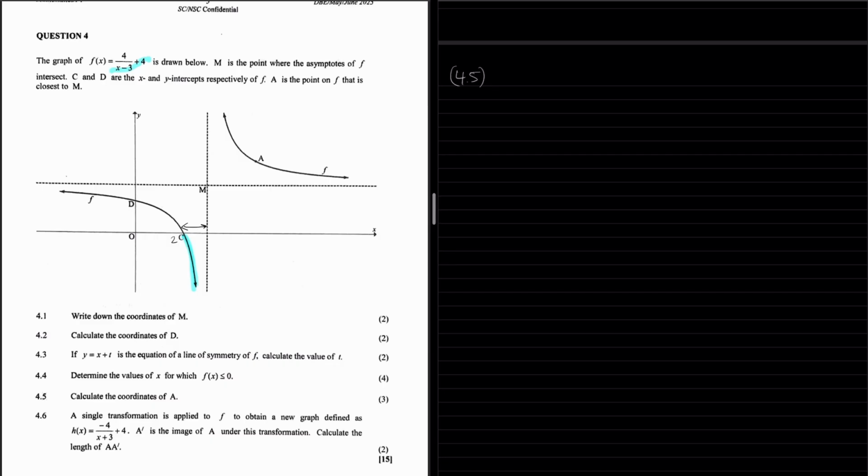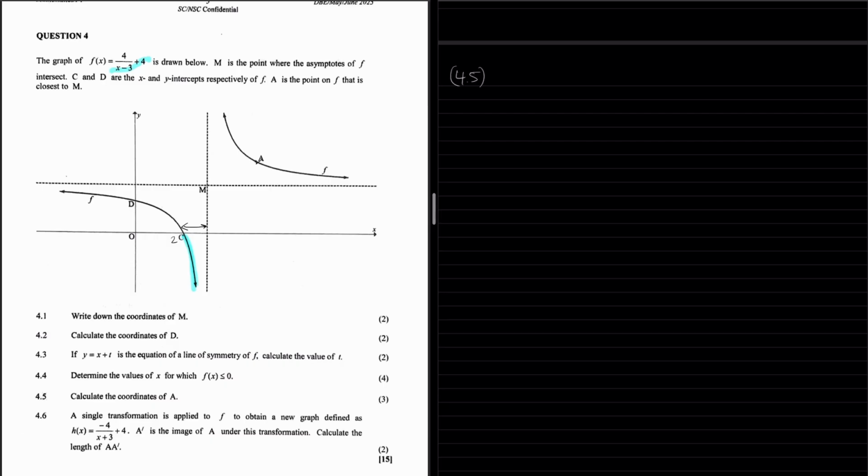Now, they tell us that it is the point that is closest to M. When I'm thinking of a solution here, I'm thinking that if I had to fold this point on a line of symmetry, it's not going to move because it's the closest point. So immediately I think of equating the function to the line of symmetry.